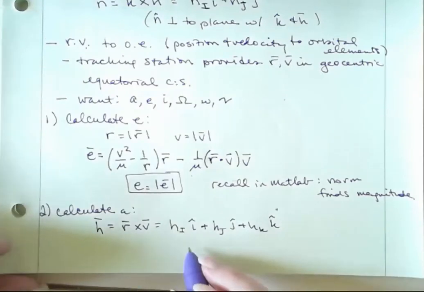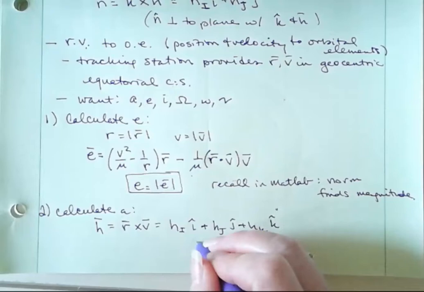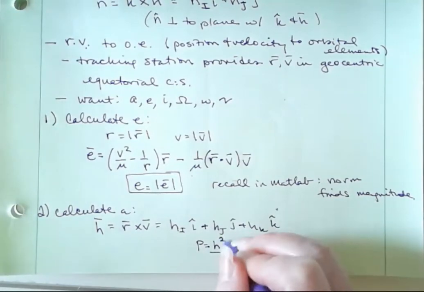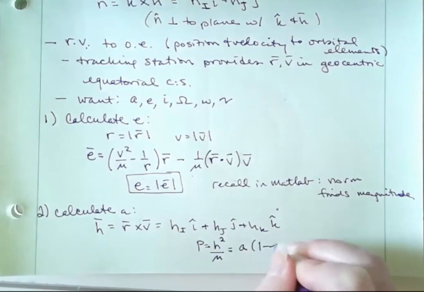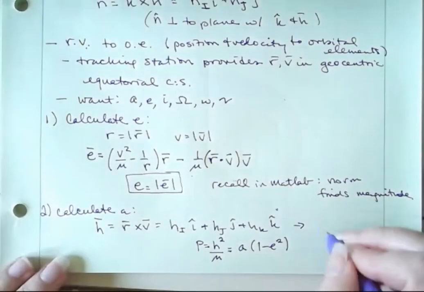Now the reason why we're going to start with this, if you remember, we had that parameter p equation, and that was equal to h squared over mu, and it was also equal to a times 1 minus e squared. With this h vector, we could find the magnitude to get h here, and we already know eccentricity, and mu is just going to be the 3.986 times 10 to the 5th number.